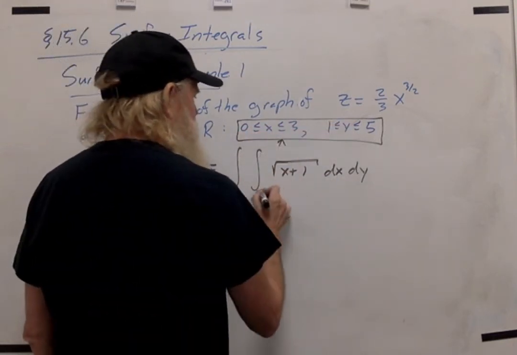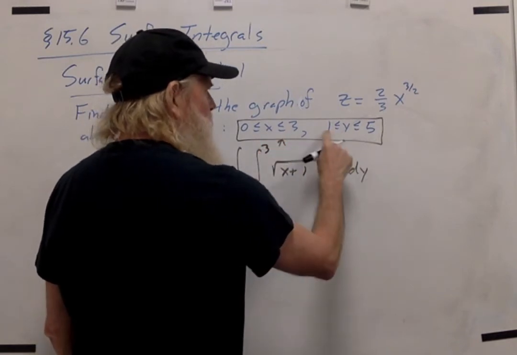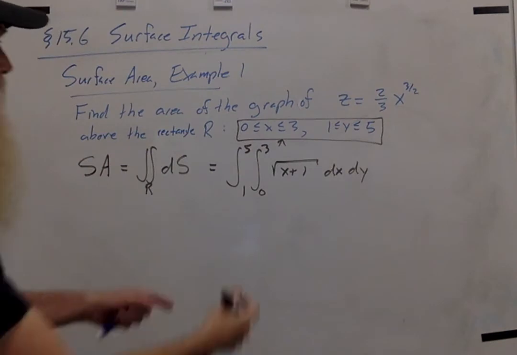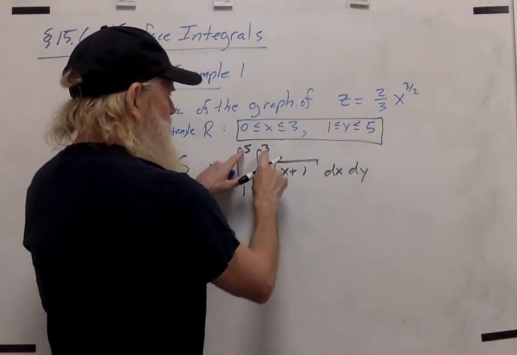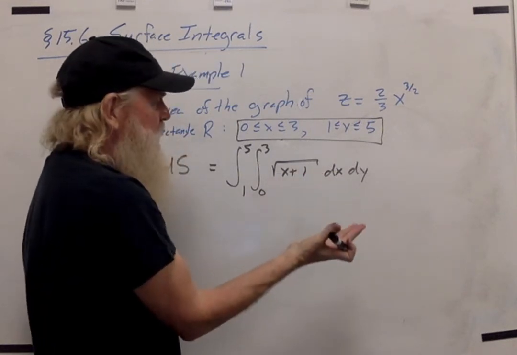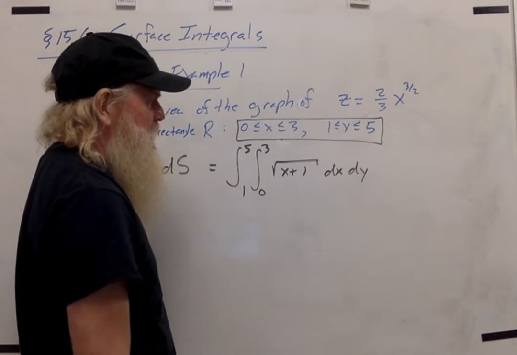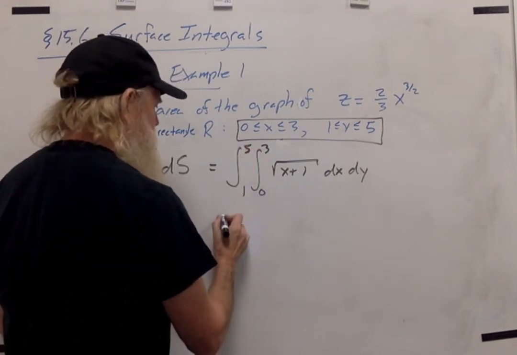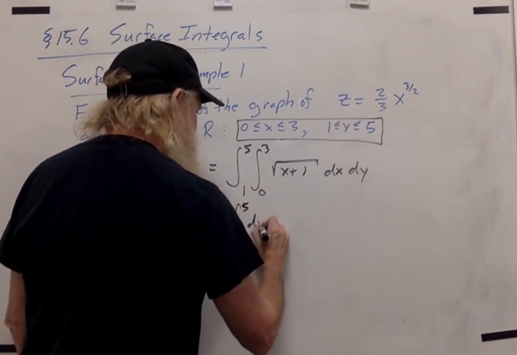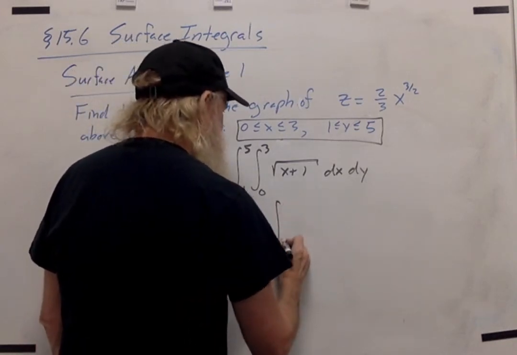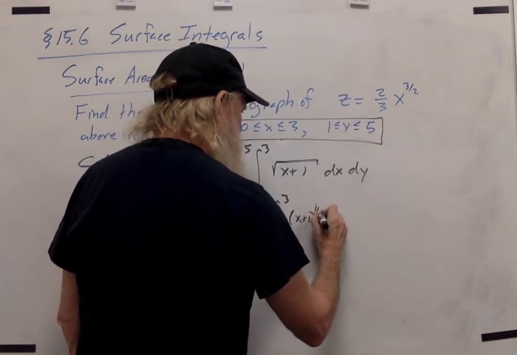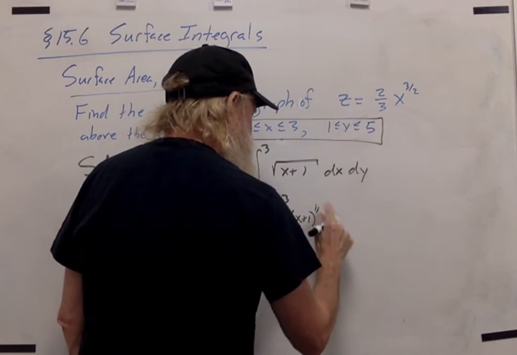X goes from 0 to 3, and y goes from 1 to 5. In fact, notice that I am integrating over a rectangle. All four bounds are constants. And my integrand is the product of a function of x and a function of y, where the function of y is just 1. So if I like, I can break this up as the integral from 1 to 5 of dy times the integral from 0 to 3 of x plus 1 to the 1/2 power dx.